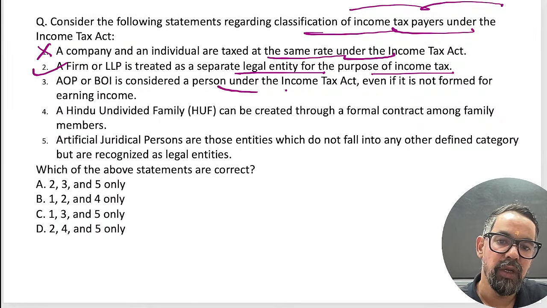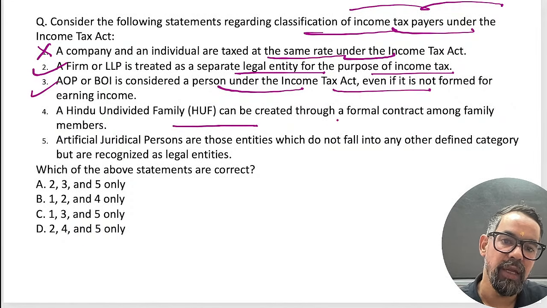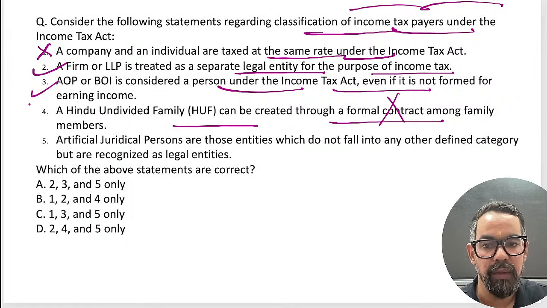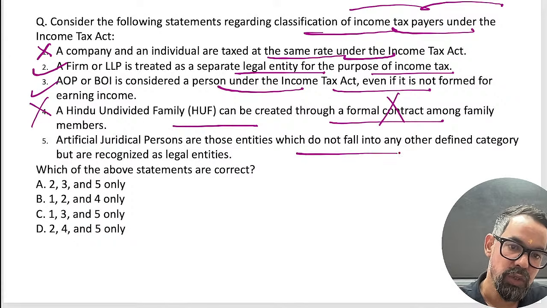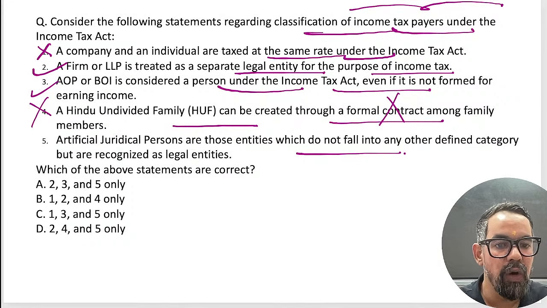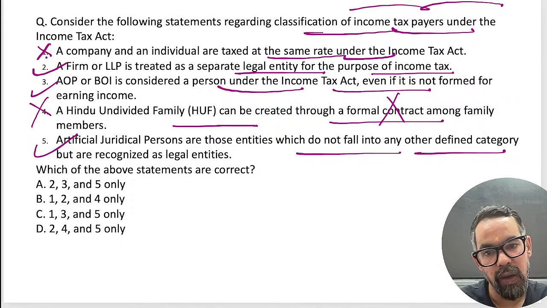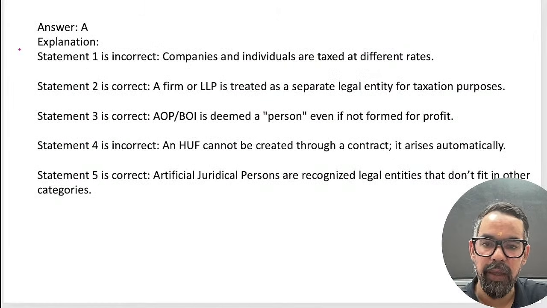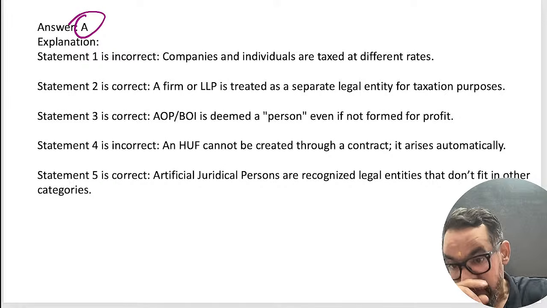AOP and BOI are considered a person under the Act, this is also true. HUF can be created through a formal contract, no, it is by birth itself. Artificial persons are those who do not fall into the other defined categories, the last category. So 2, 3, 5 means option A only will be the right answer for this particular one, correct guys. Next one.